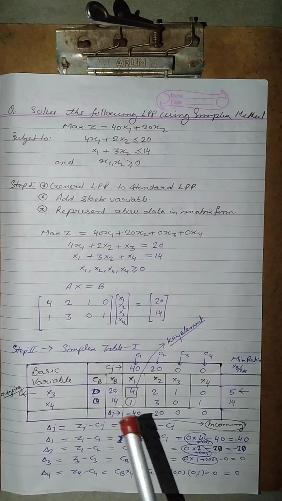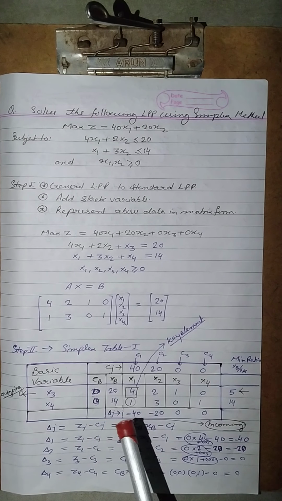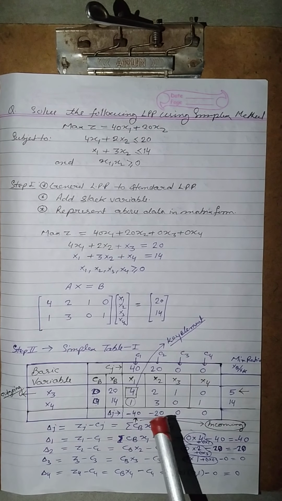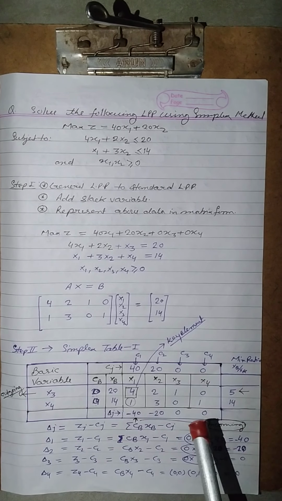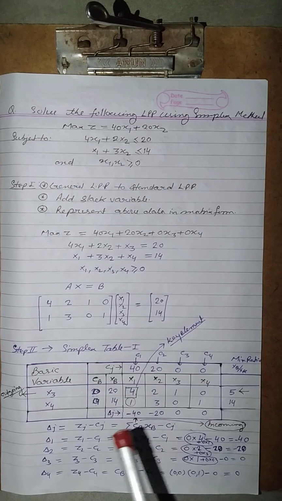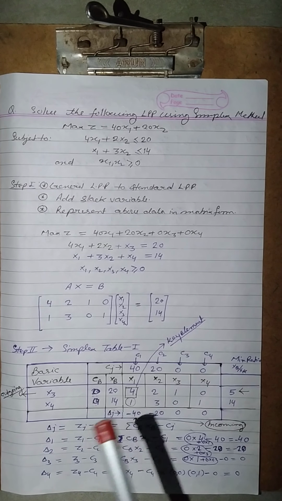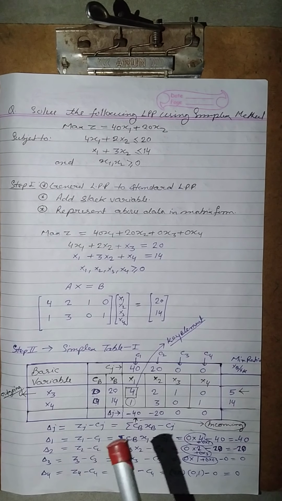We have all the delta j as -40, -20, 0 and 0, so all the delta j are less than or equal to 0. That is, we need simplex table second for finding the optimal solution.